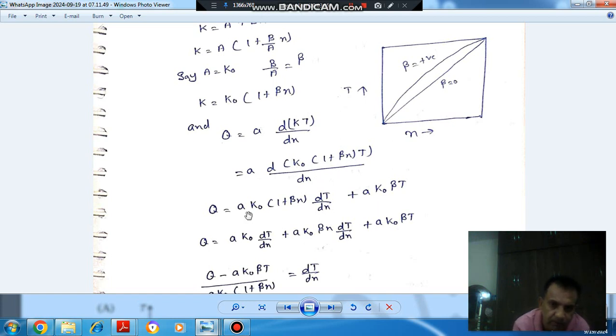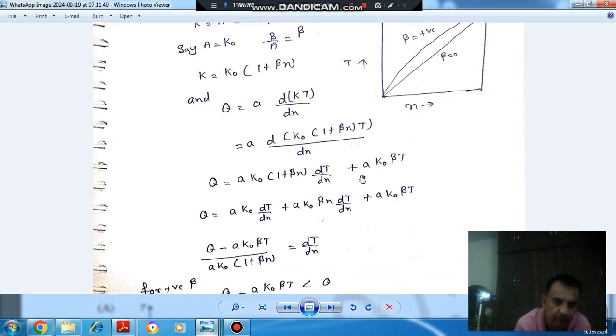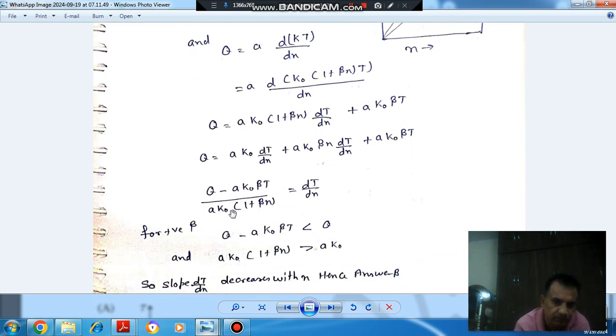First, keeping K naught 1 plus beta x the same, A K naught 1 plus beta x dT by dx, and then keeping T the same and differentiating K, A K naught beta T. So now Q is A K naught dT by dx, one term, plus A K naught beta x dT by dx, plus A K naught beta T. Taking dT by dx out of this term.